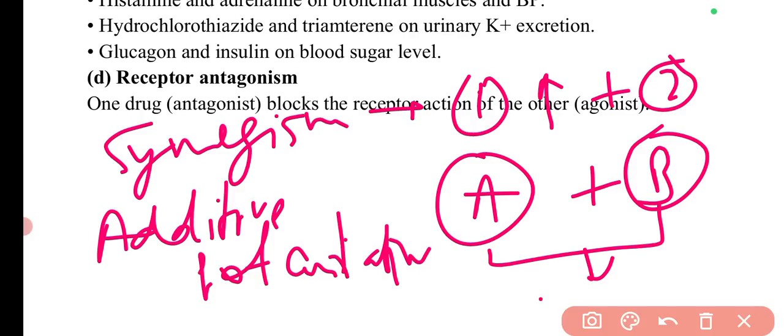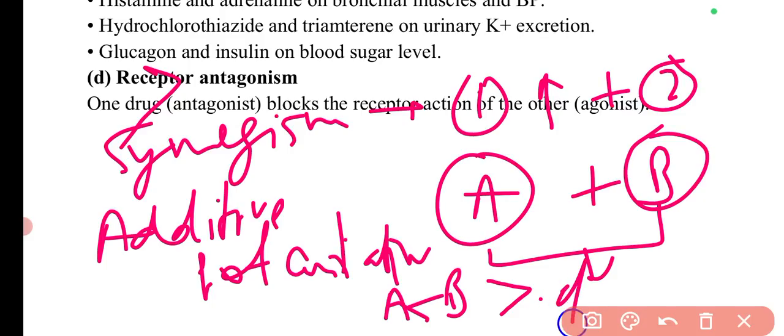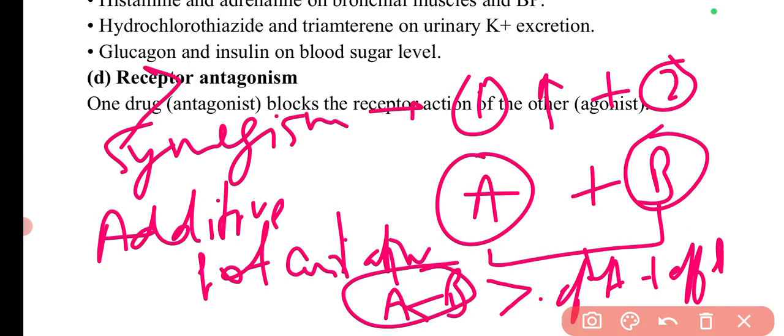In this, the combination of drugs will produce a greater effect. It will be a higher effect than the effect of A plus the effect of B. So basically these are the main things, additive and potentiation, which is also known as supra-additive effect. These come under synergism only.